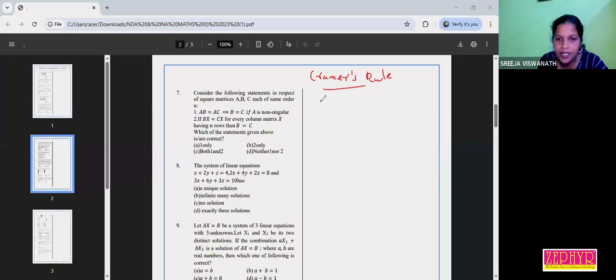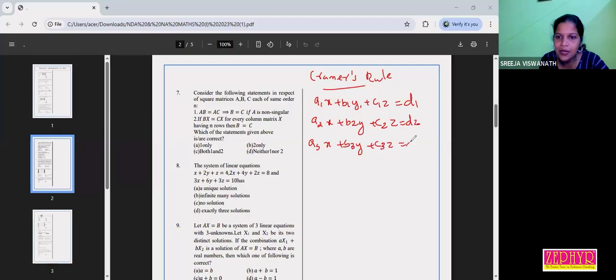Suppose I have a system like A1x plus B1y plus C1z is equal to D1, A2x plus B2y plus C2z is equal to D2, and A3x plus B3y plus C3z is equal to D3.